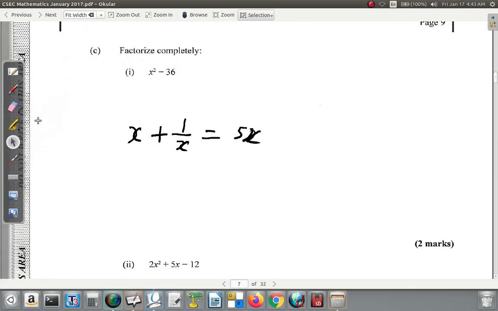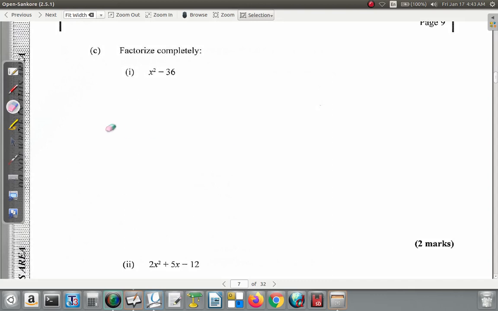Next, they want you to factorize x squared minus 36. Now this is the difference of two squares. You do have a shortcut way of factorizing the difference of two squares. The shortcut way is to have your two brackets here.